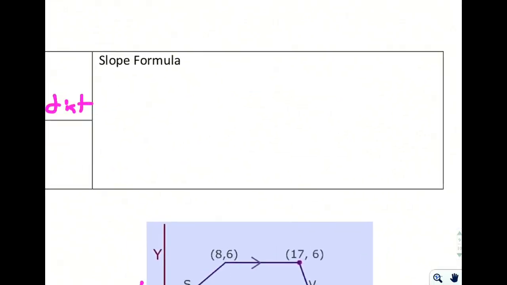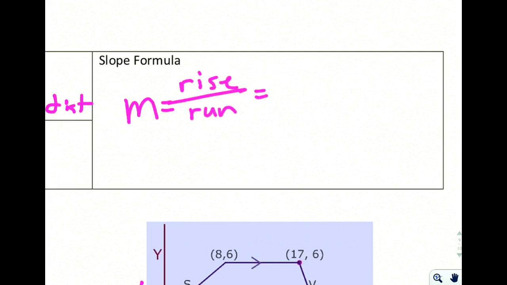And then finally, the slope formula is again going to go back to the differences between the x's and the differences in the y's. But slope, usually abbreviated m, is rise over run, which means difference in y's over the difference in x's.